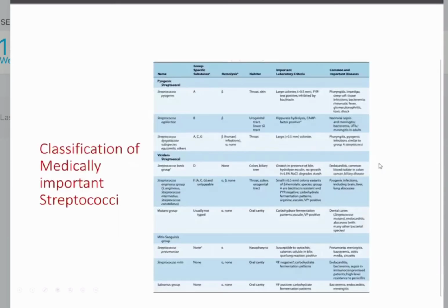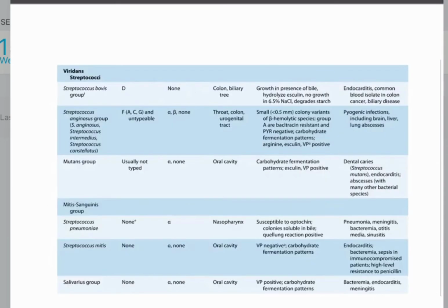The other group, the alpha hemolytic group, is largely named Viridans streptococci. We will be discussing that in detail in our next lecture on endocarditis.